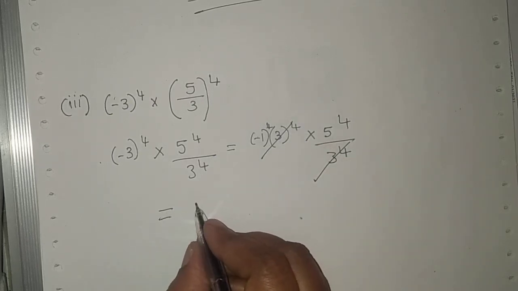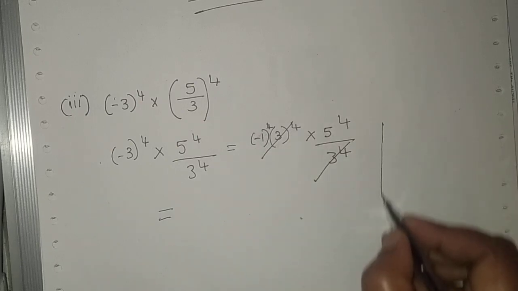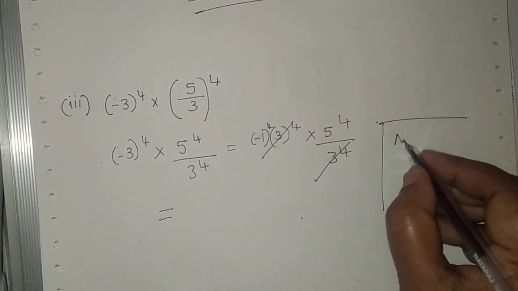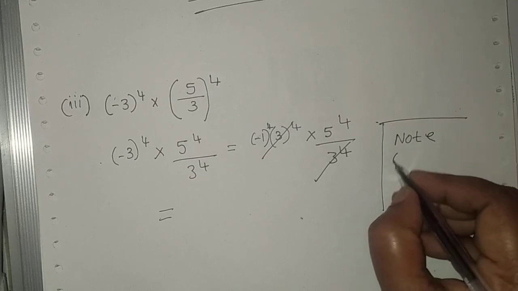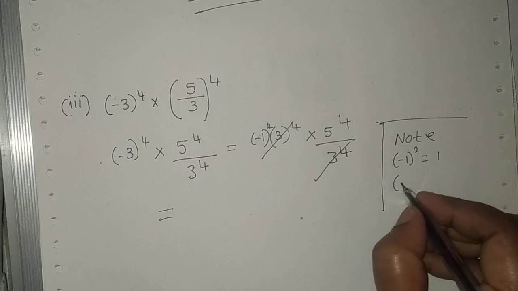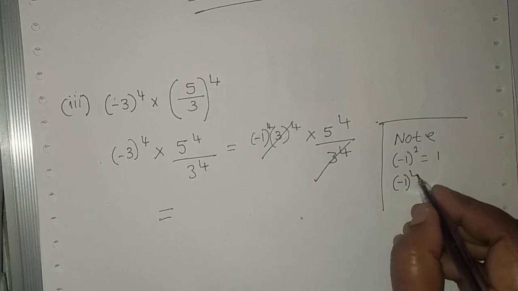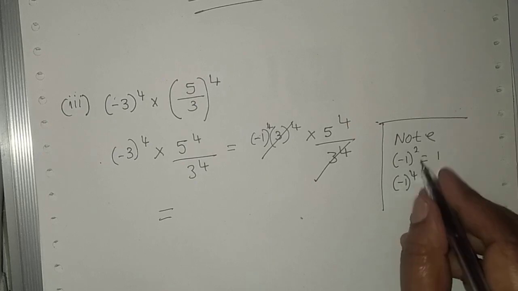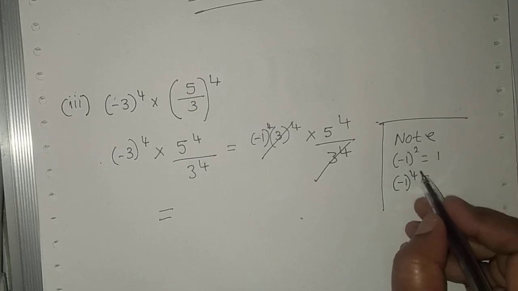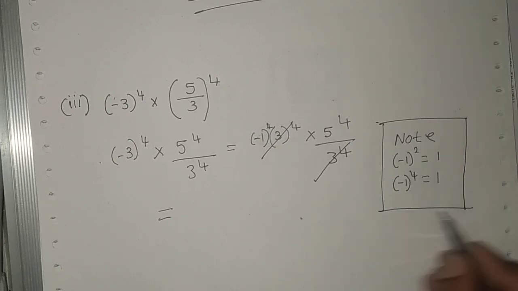Now what we have to do, since this is positive, as I told in the previous problems, note minus 1 square will become 1. So similarly minus 1 power 4 will also become, since all the exponents are even, then we get 1 only.